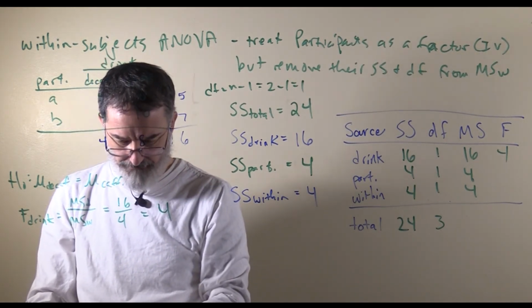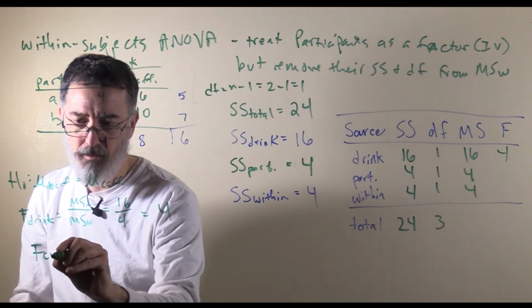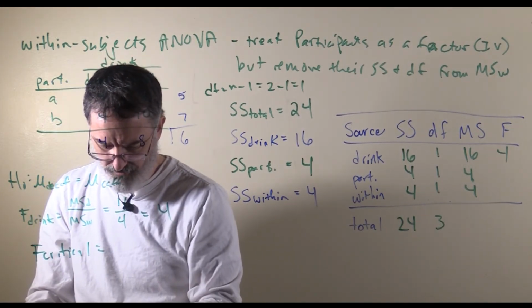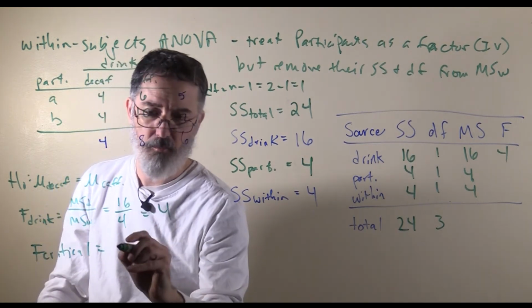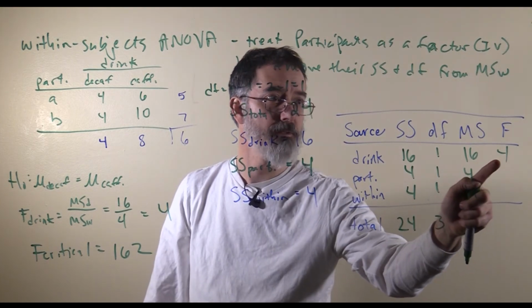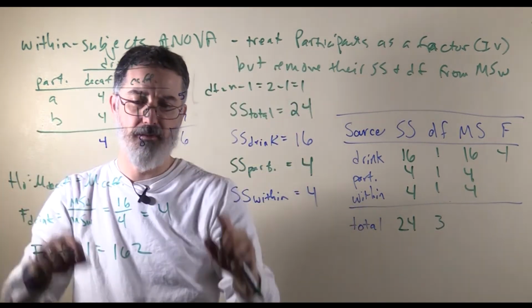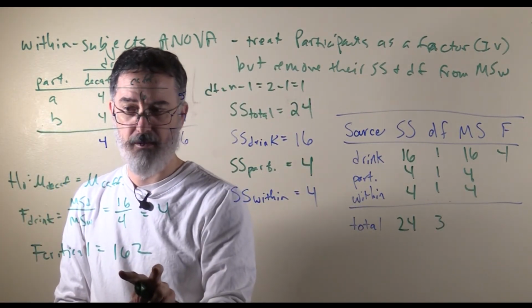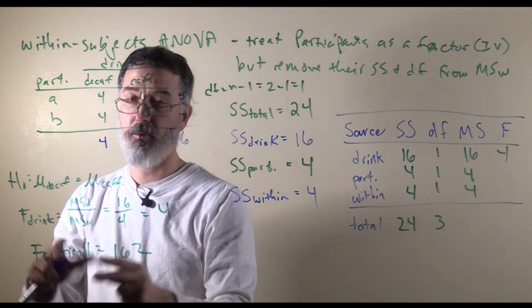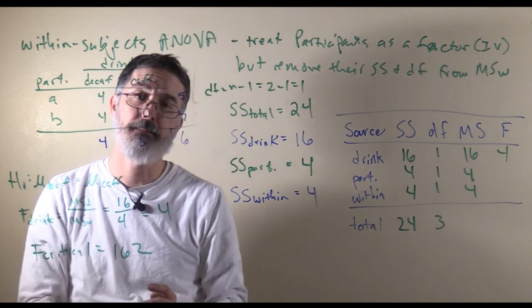And the F critical for 1 and 1 degrees of freedom for alpha 0.05 is 162. So we would have had a huge F given these very few observations to be able to reject the null hypothesis. Our F statistic is not even close to being more extreme than our F critical, so we're going to fail to reject the null hypothesis in this case.